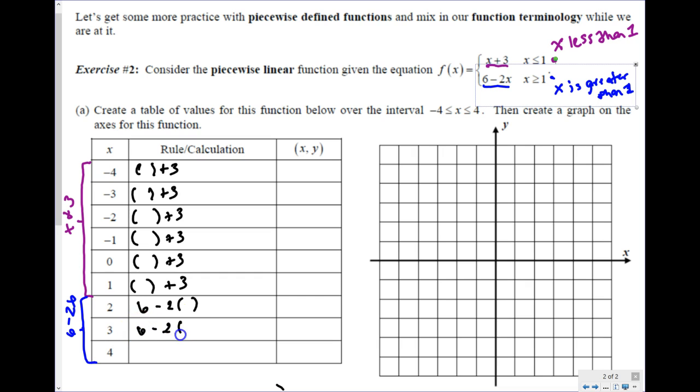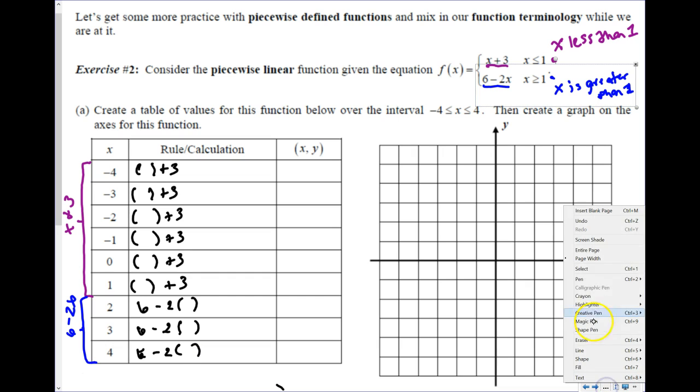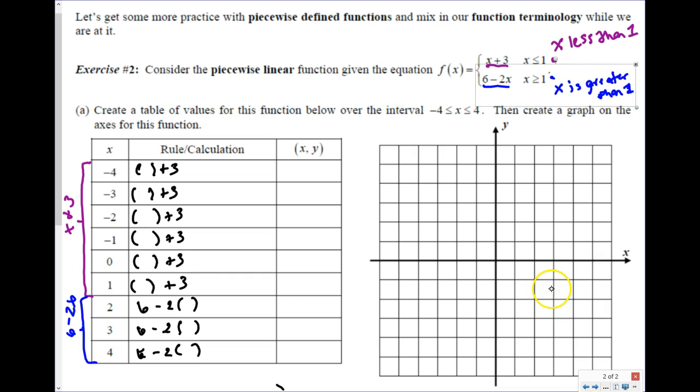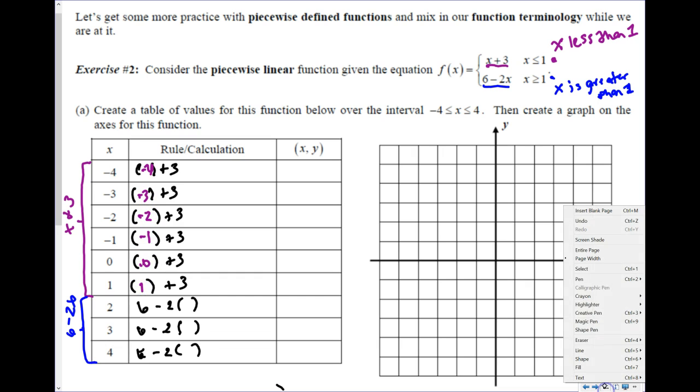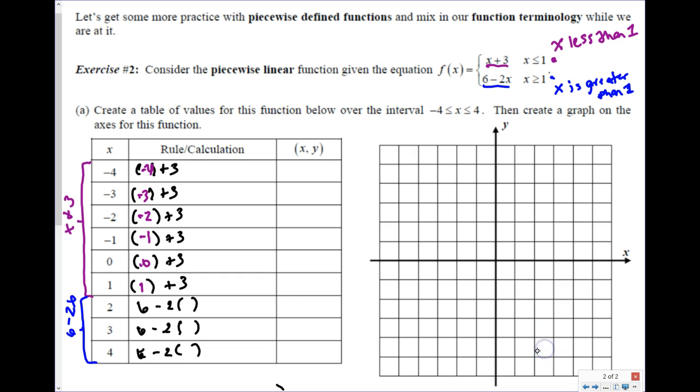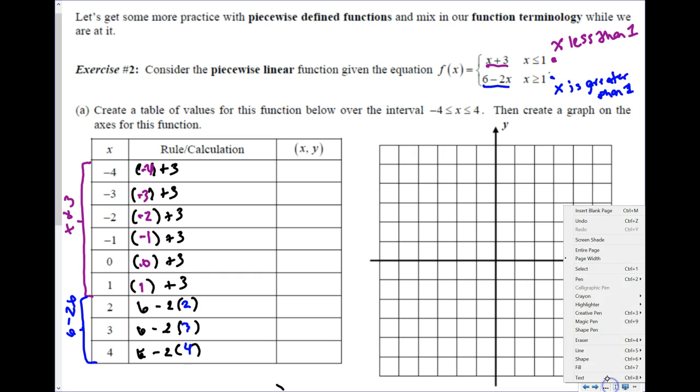So I'm putting parentheses where I'm going to plug in my inputs. Now I can plug in my input. So I have a negative 4 here, negative 3 here, negative 2, negative 1, 0, and 1. And for my second equation, I have 2, 3, and 4. So I'm plugging in my inputs, and now I'm going to calculate and get my outputs.